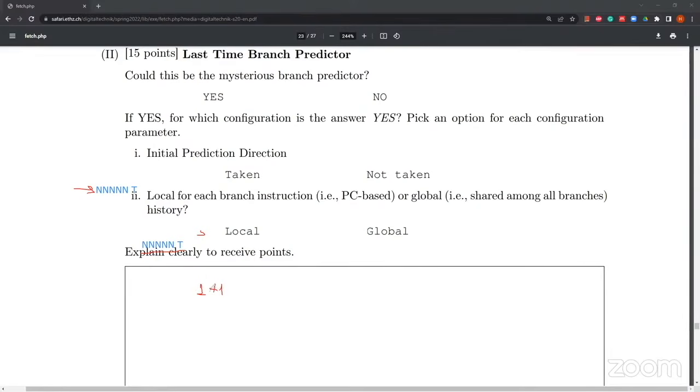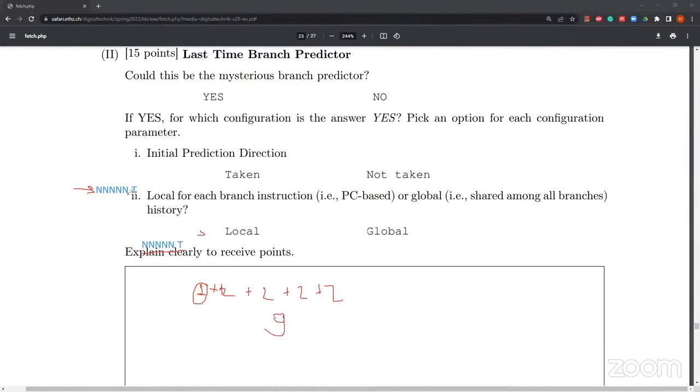So for the first iteration, it will make one misprediction, and for every other iteration, we will have 2 mispredictions. It will make 2 mispredictions for the next 4 iterations, or I should say, the next 4 times this loop 2 is entered. Okay, and in total for this loop 2, we make 9 mispredictions, which is more than 6.